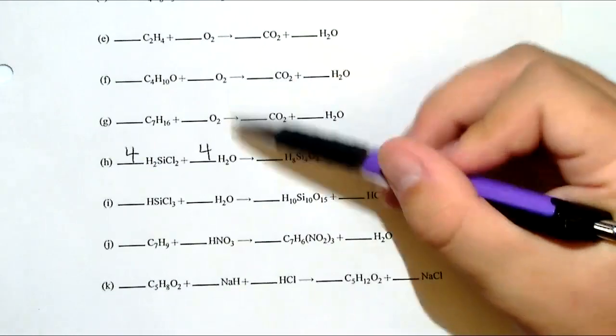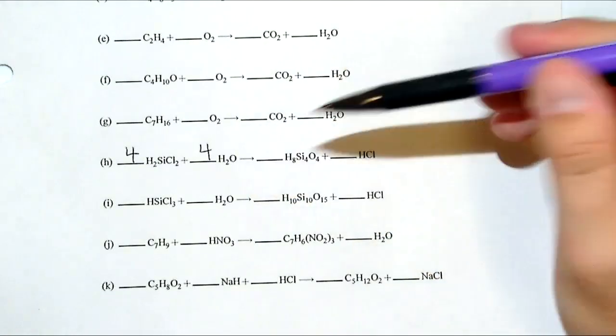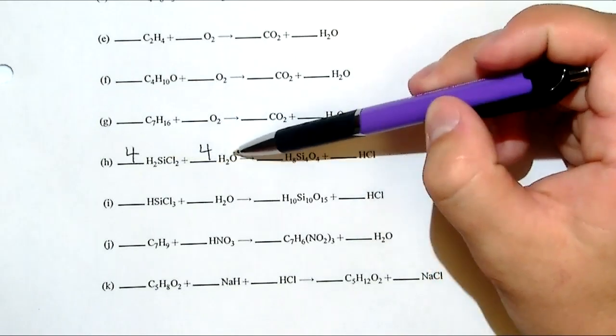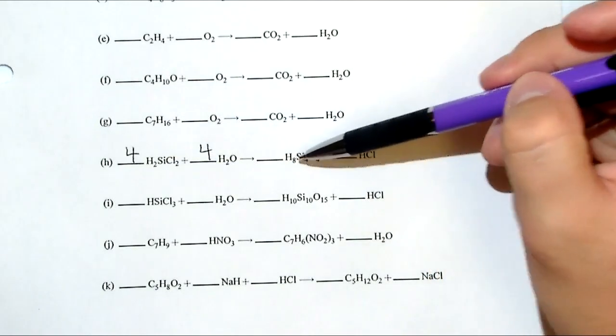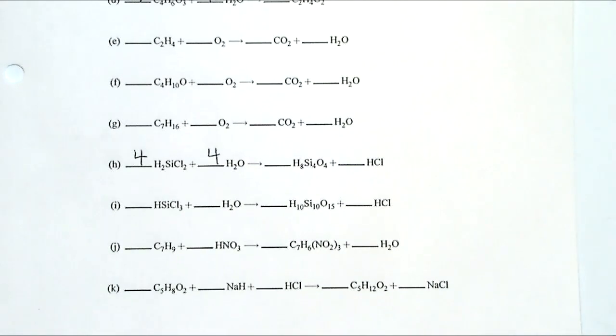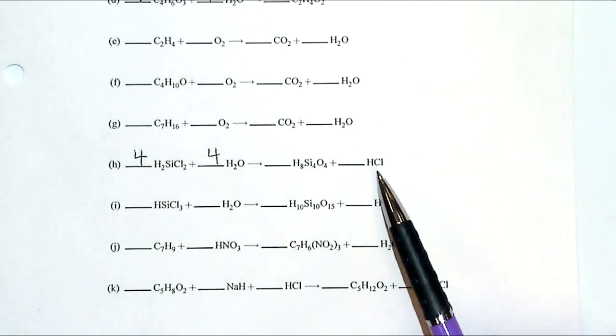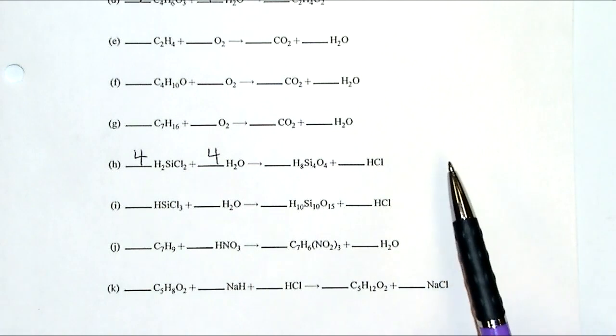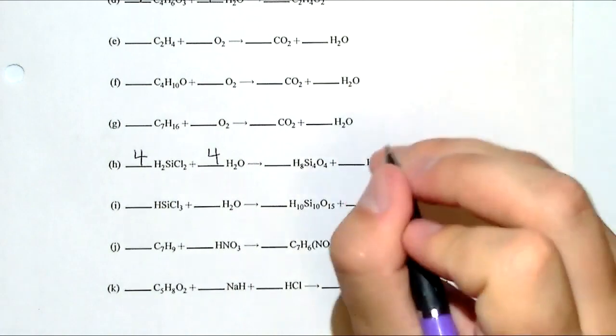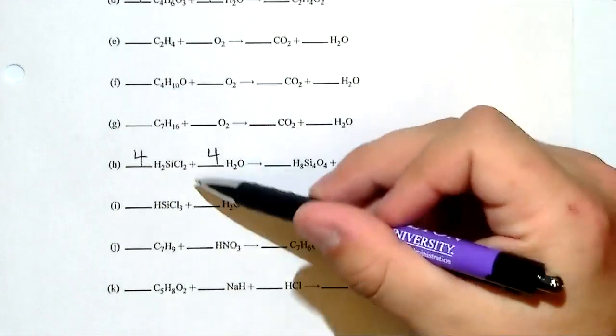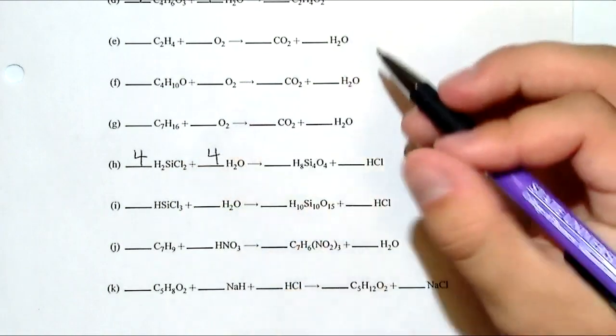We have 4 oxygens and 4 oxygens, but now we have 16 hydrogens, and there's only 8 here. But there is a 9th one over here. So what we could do is we could make sure we also have 8 chlorine here.